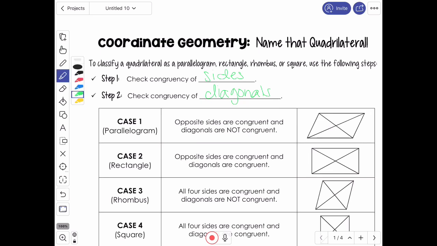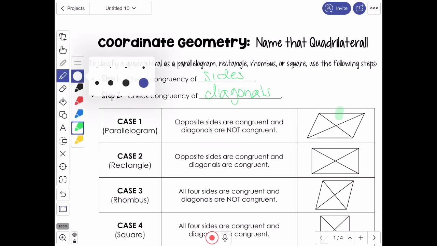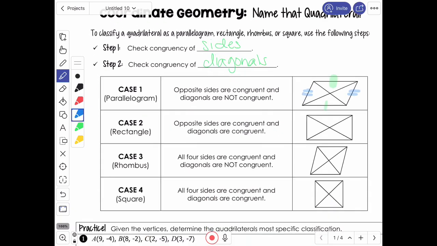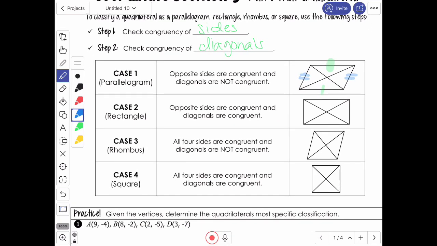So again, what it means by opposite sides is we could say this side, that is really big, and this side are congruent, and then possibly these two opposite sides are congruent, but we can't say that about the diagonals at all, okay? So if you want to mark up these pictures, if you are making the notes, look just like this. Then for case 2, in a rectangle, opposite sides are congruent and the diagonals are congruent.